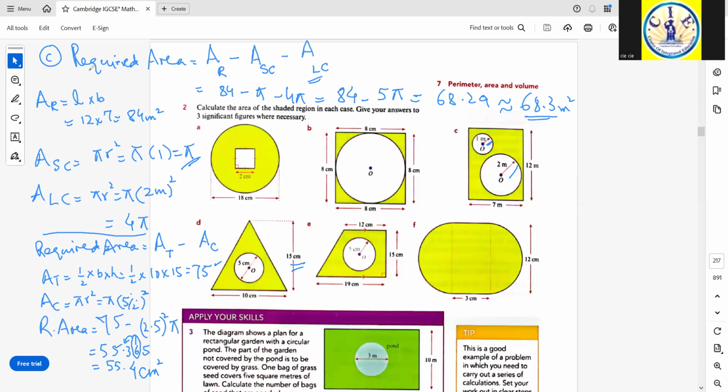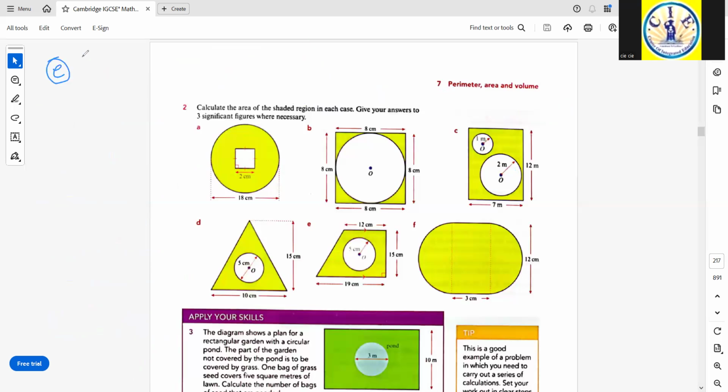And now it is part E. Required area is actually equal to area of the trapezium. From this, I need to subtract area of the circle. Area of the trapezium is given by the formula half times sum of the parallel sides, a plus b, times height, 1 by 2.